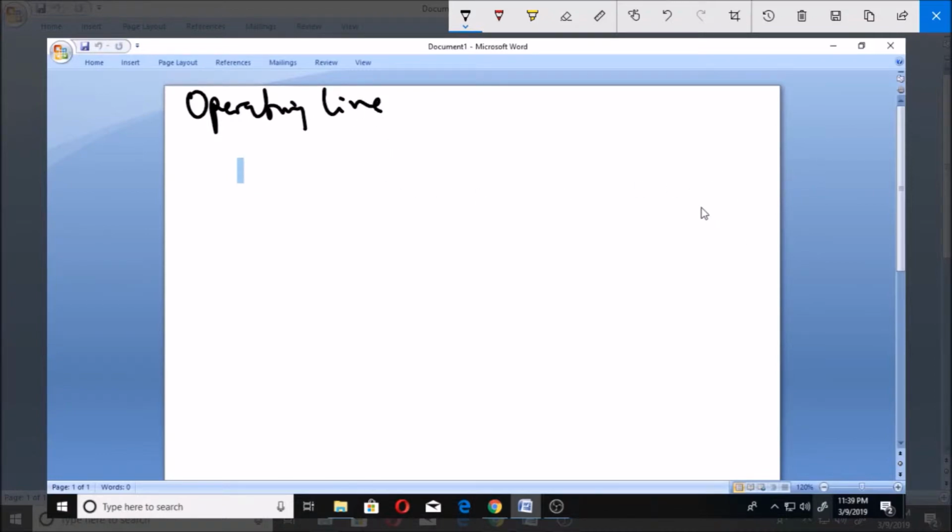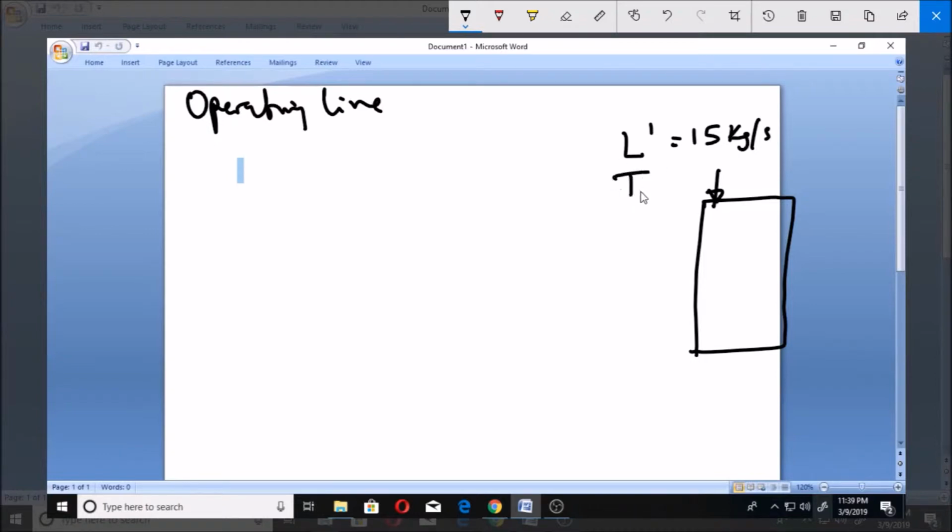Now, to get the operating line, we need to have a sketch of what is expected to happen. So we have the liquid flowing in here with the rate 15, and we have TL2 to be 318. This is at point 2.